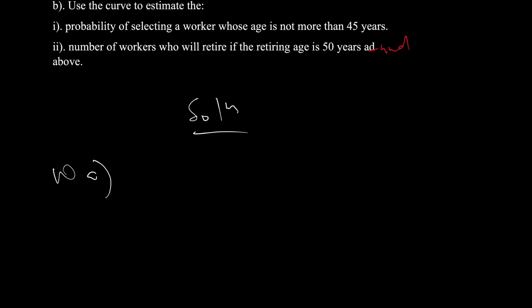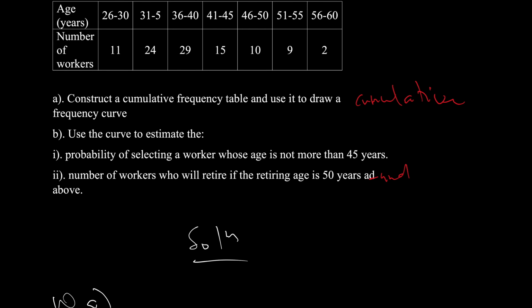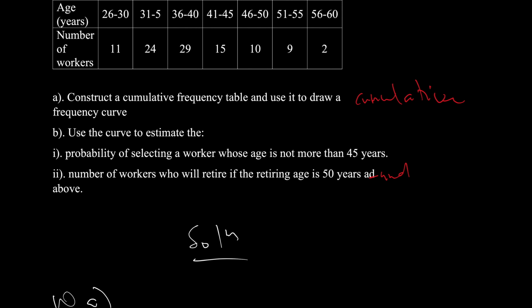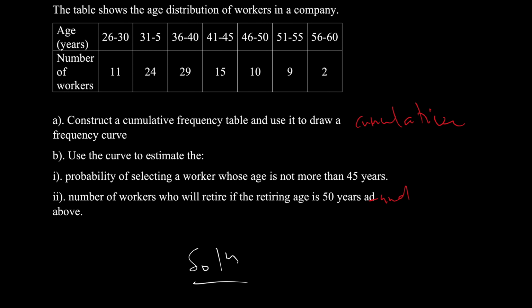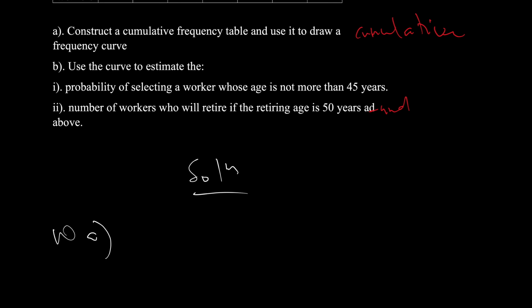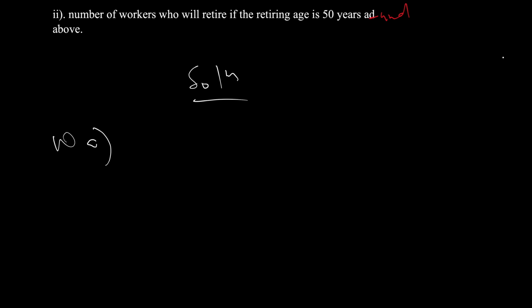So A, we are being asked to draw a cumulative frequency table and use it to draw a cumulative frequency curve. In addition to our age and number of workers, for a cumulative frequency table, we need our upper class boundary and our cumulative frequency.